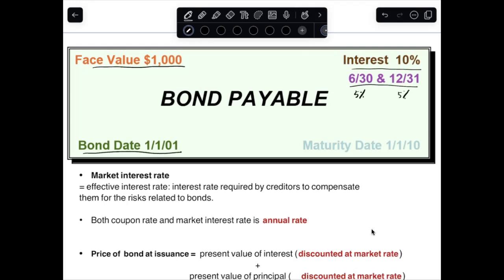The bond date, year 1 January 1st, means the bond was issued on that date. And the maturity date means the company or the government will pay you back the 1,000, in year 10, January 1st.